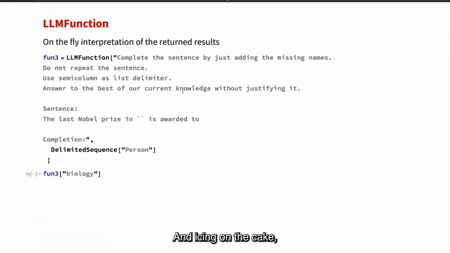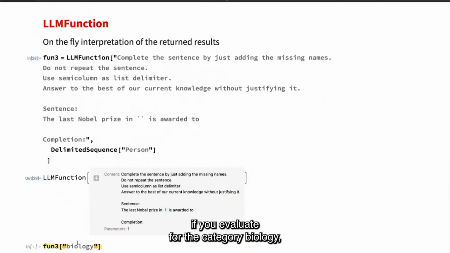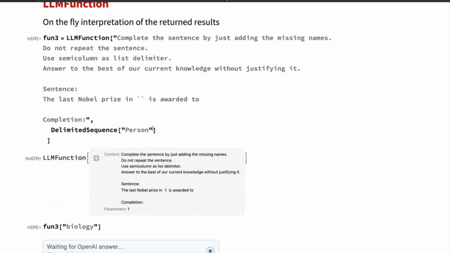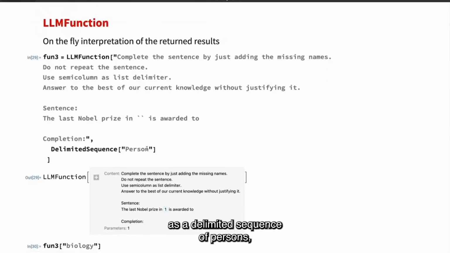And icing on the cake, you can interpret on the fly the return of the LLM by providing an interpreter specification in your LLMFunction. And now, if you evaluate for the category biology, for the Nobel Prize in biology, the result will be interpreted as a delimited sequence of persons.